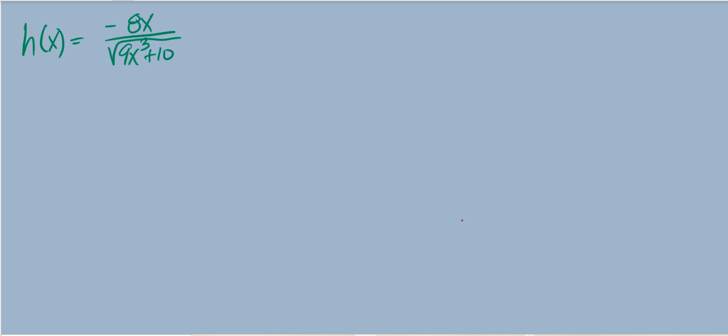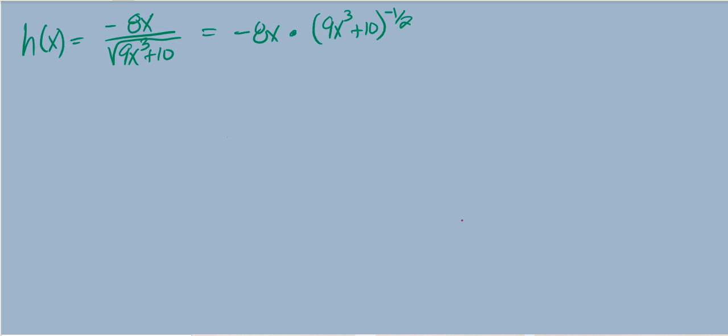Now we can do this as the quotient rule, or we could look at it as negative 8x times (9x cubed plus 10) to the negative 1/2.